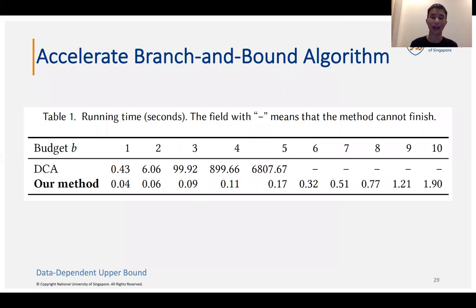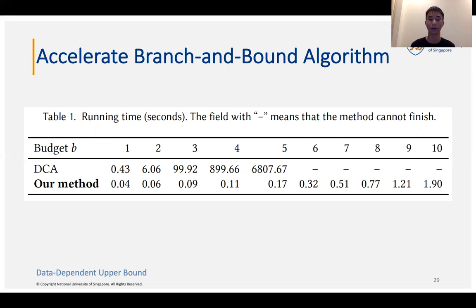In the second experiment, we use the BNB algorithm to demonstrate the usefulness of our bounds. That is, we use our bounds to cut and filter some branches, and this can be seen from this table.